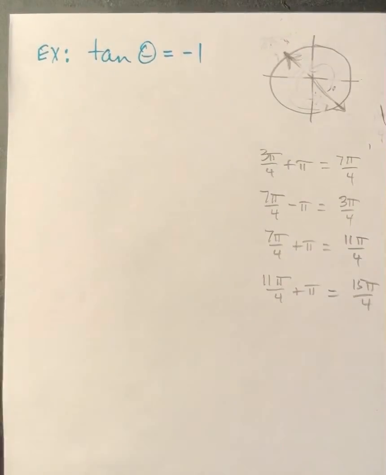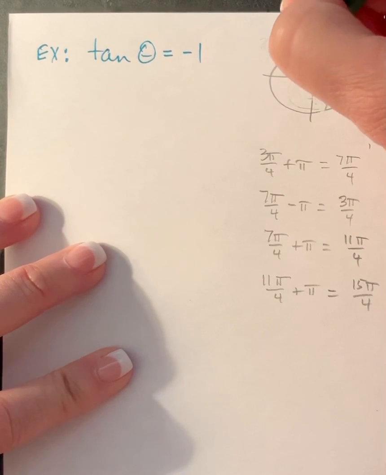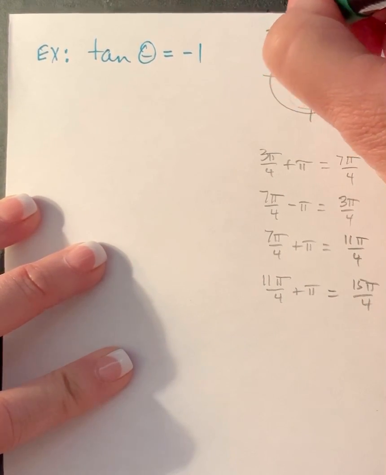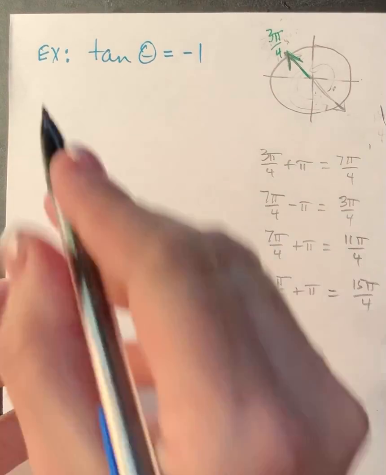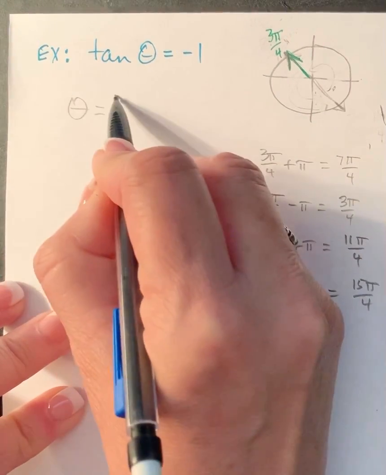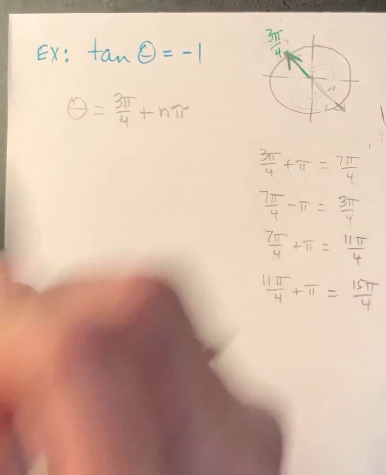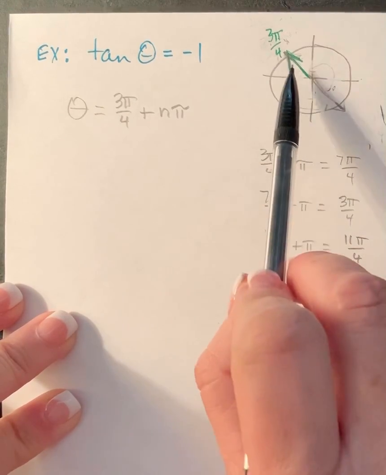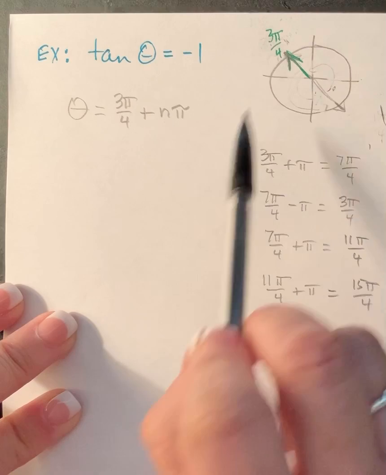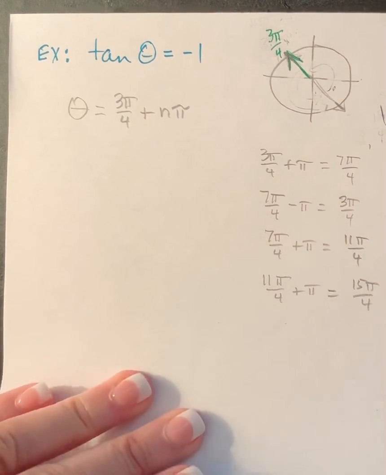I'll only focus on the smaller one, which is 3 pi over 4. And I will say I can just add multiples of pi to that to get all the solutions. So for this one, we'll say theta is equal to 3 pi over 4 plus n pi. The ones where you have n pi, it's because they were directly across the circle from each other and they were pi units apart.